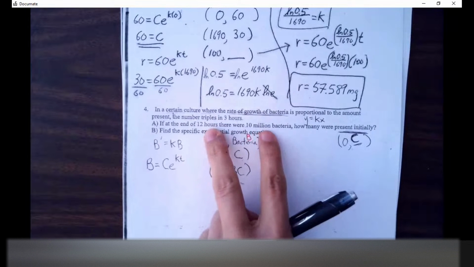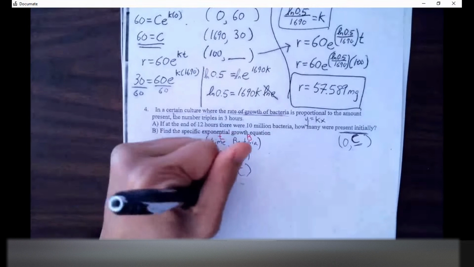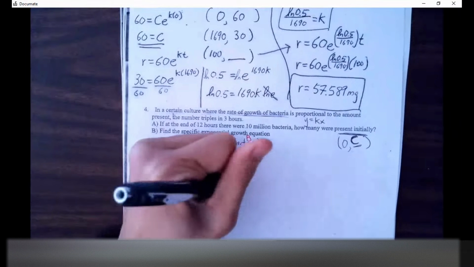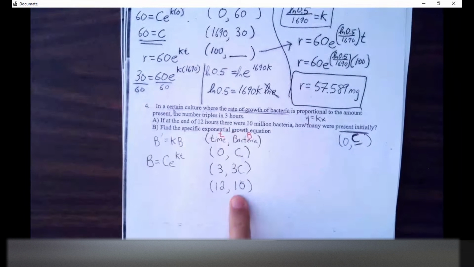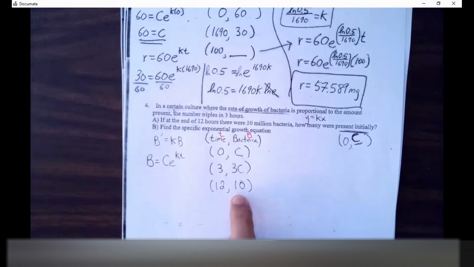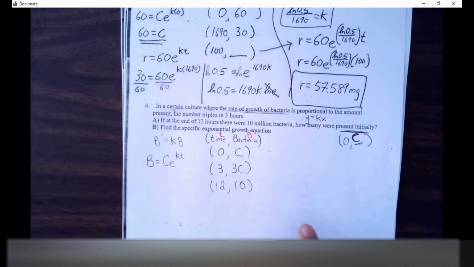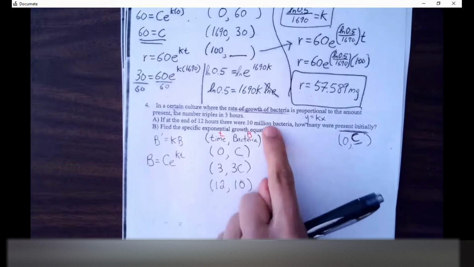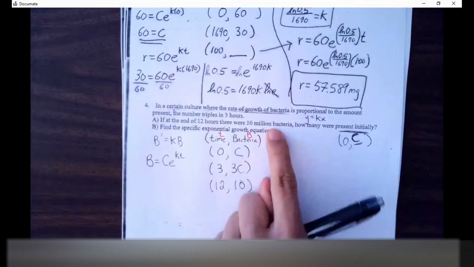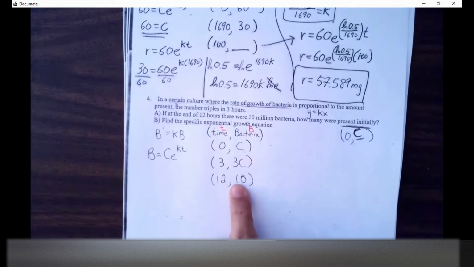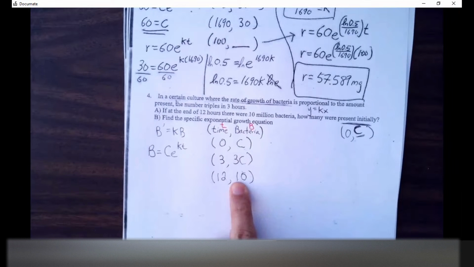After 12 hours, there's 10 million bacteria. So 12 hours later, rather than writing out 10 million, I'll just let 10 represent millions. What that means is at the end, whatever number I get, I'm going to multiply that by a million to bring it back to the actual number. But right now, I'll just let this small number represent millions.